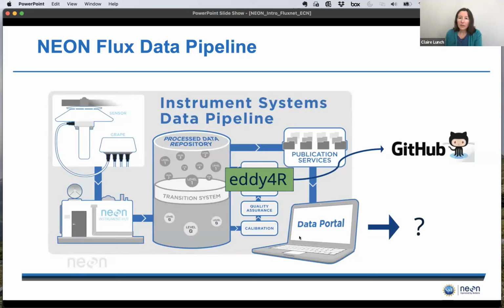Okay, so then at this point, I'm going to turn to talking about what happens beyond the data portal. So the data that NEON publishes for the flux data is half-hourly fluxes. And so, what else is happening with those data beyond what NEON publishes, and what might you think about doing with them?